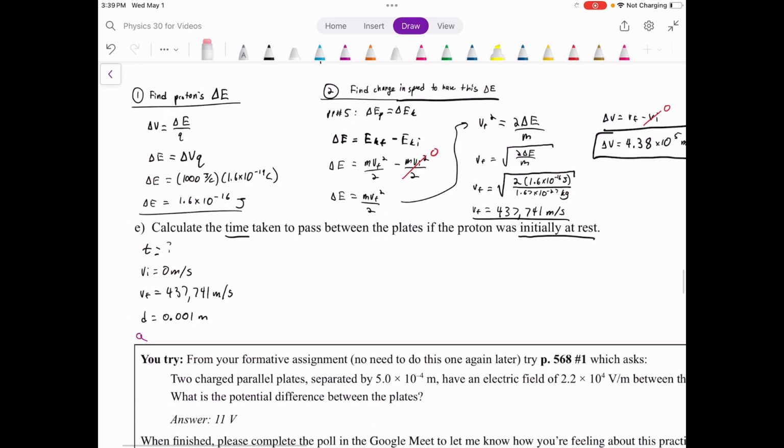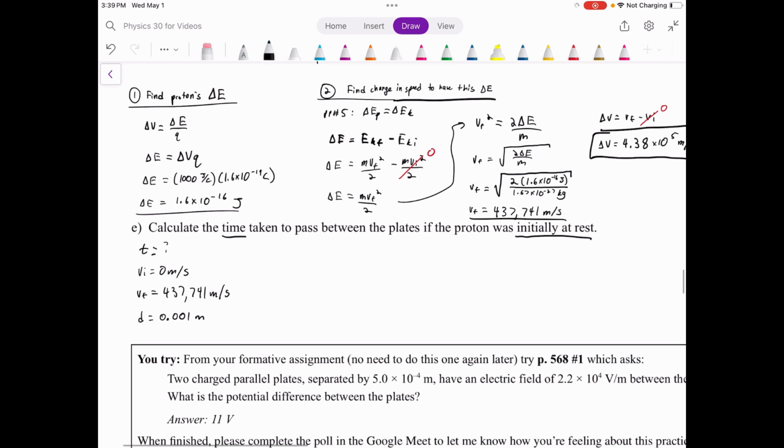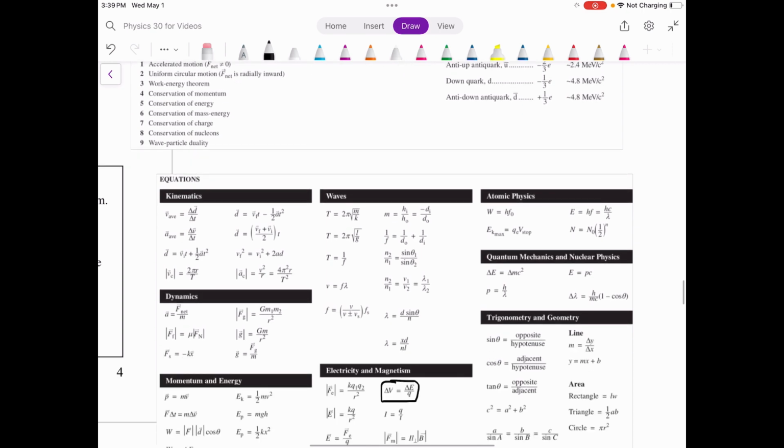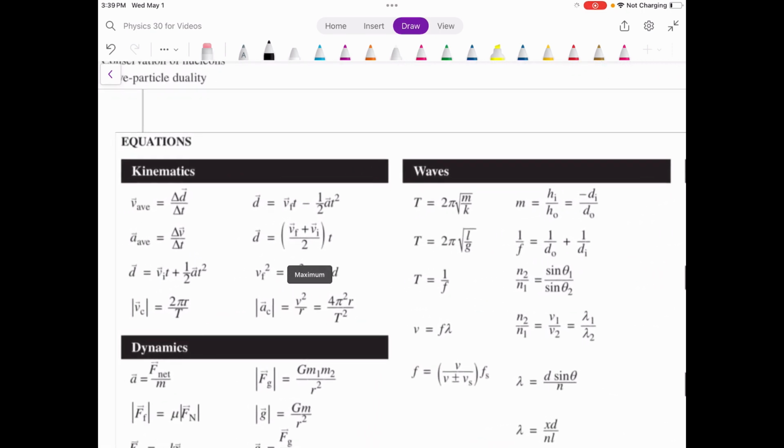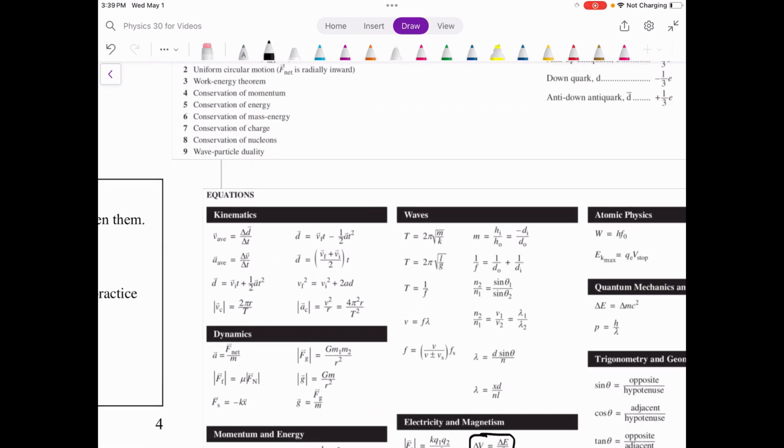That's another approach we could take, okay? I'll stick with the ones that we already have found, though, right? Recall that if we have three of the five kinematics variables and we want to find a fourth, there is always a kinematics equation for that. There's 5 kinematics equations. Each of them are set up for when you don't know one of the variables.